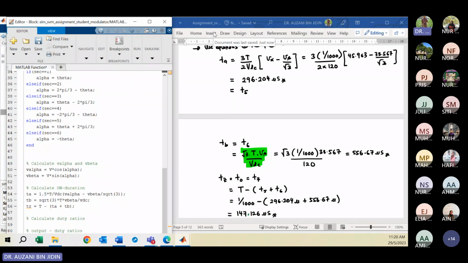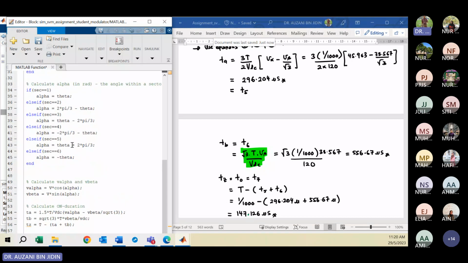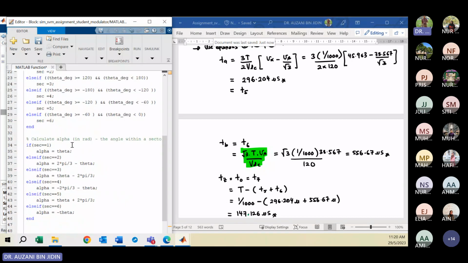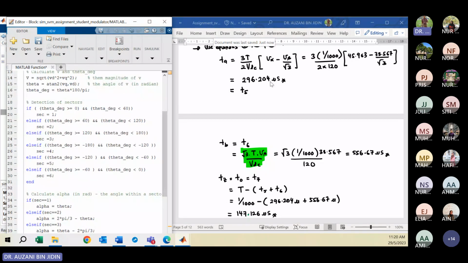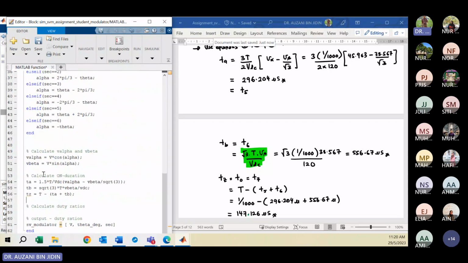Okay, so maybe you can check your coding by comparing the calculation here and the simulation result. Let's say we want to check. You need to define the output.